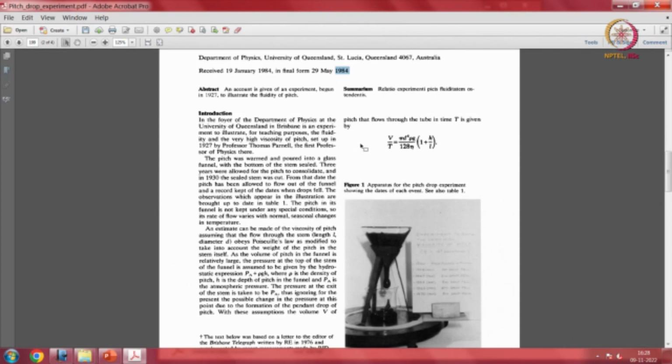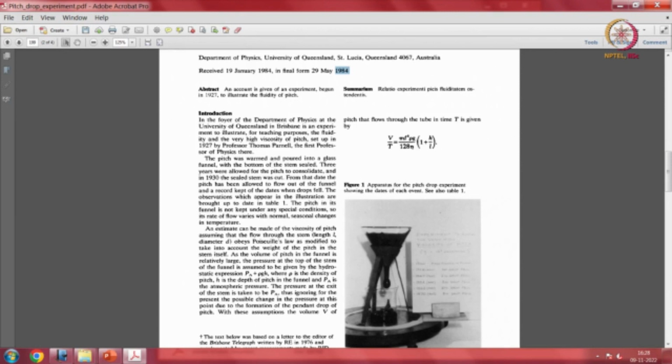It describes that in the foyer of the Department of Physics at the University of Queensland in Brisbane, it is an experiment to illustrate for teaching purposes the fluidity and the very high viscosity of pitch, set up in 1927 by Professor Thomas Parnell, the first professor of physics there.